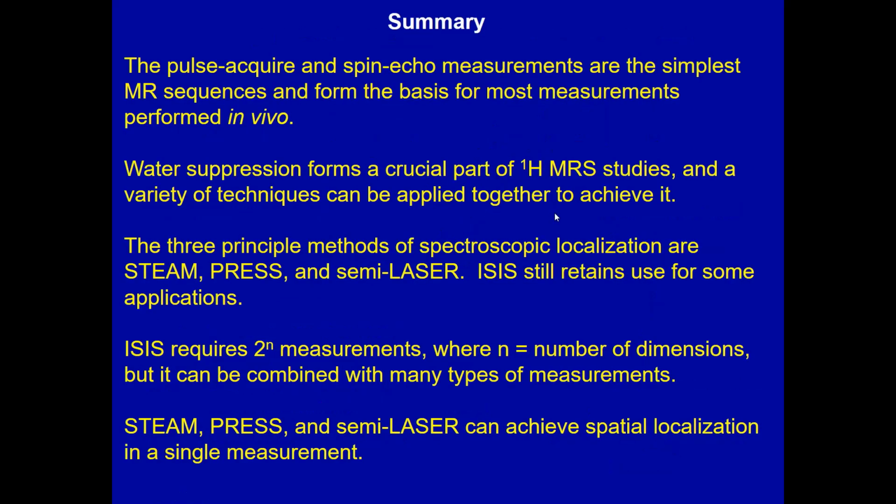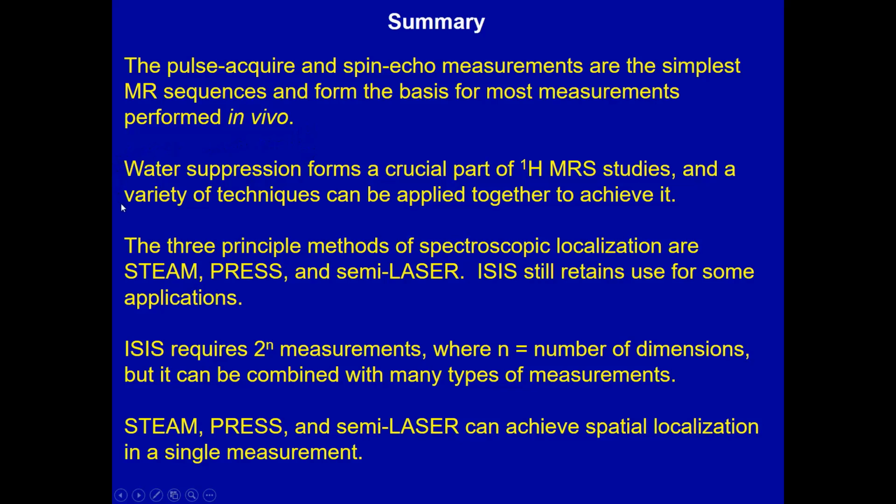To summarize for today, the pulse acquire and spin echo measurements are the simplest NMR pulse sequences, and they form the basis for most measurements performed in vivo. But we didn't talk much about those today because we looked into other aspects. We need more than that typically when we're working in vivo, especially for proton spectroscopy.